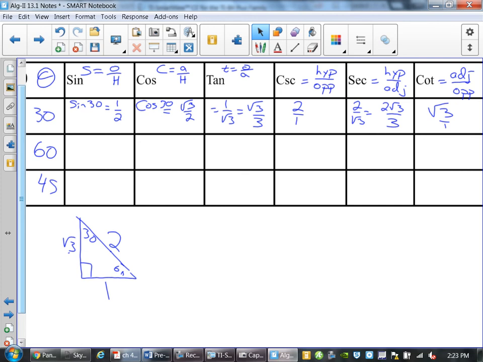Let's go through that again with the 60s. What would the sine of 60 be? Root 3 over 2. Change colors. Cosine, 1/2.